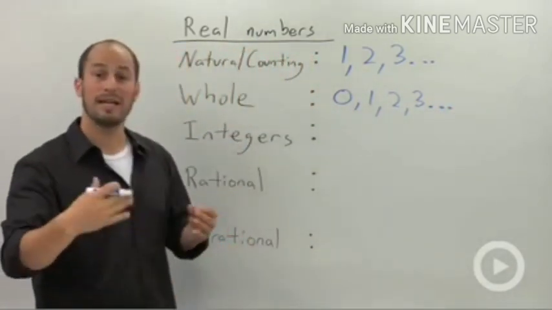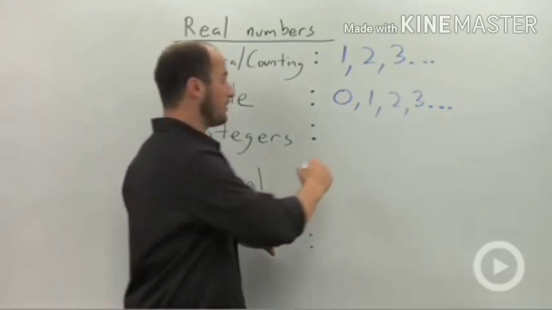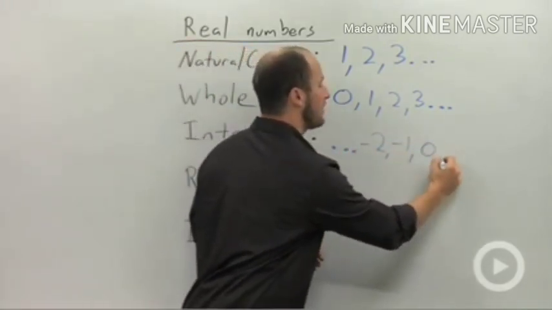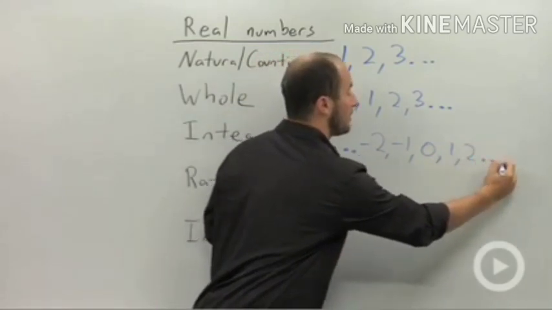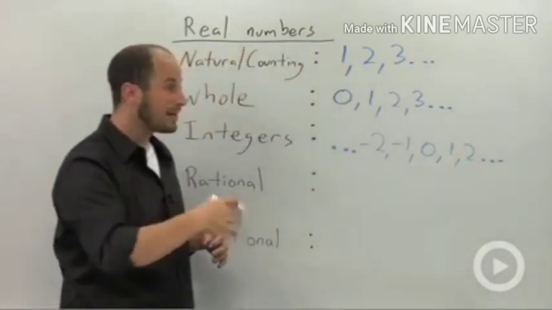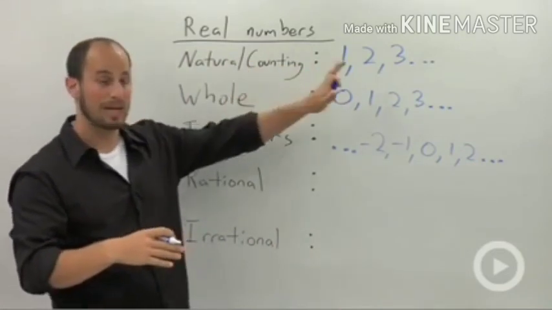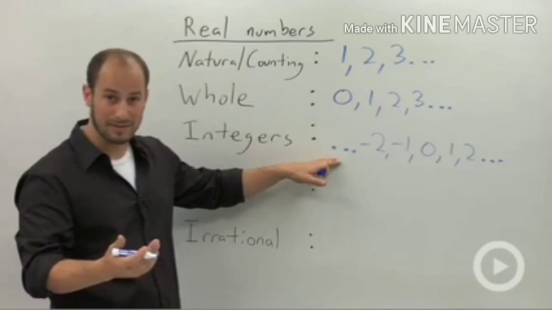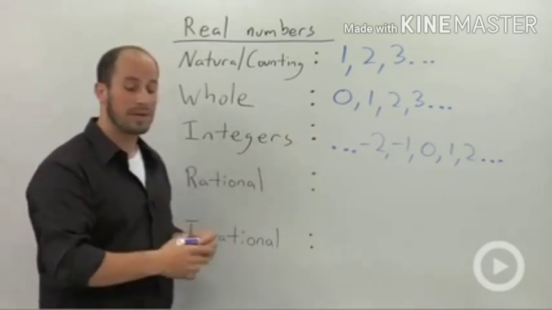Integers include the negative spectrum. So you are going up to say -2, -1, 0, 1, 2, so on and so forth. Okay, so we have our counting numbers, only positive. Whole numbers throw in 0. Integers throw in negatives.